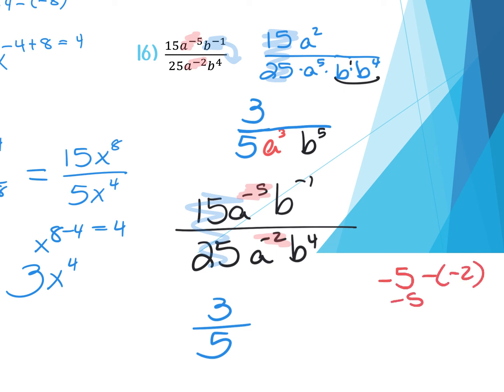Keep, change, flip it, and you get negative 3. And then that's how you know to put it in the bottom and make it positive. And then for the b's, same thing. You're going to do negative 1 minus 4, which gives you negative 5. So b to the negative 5 tells me write it in the denominator.